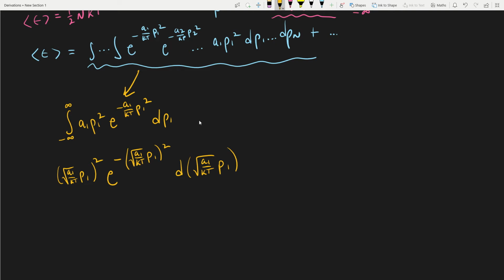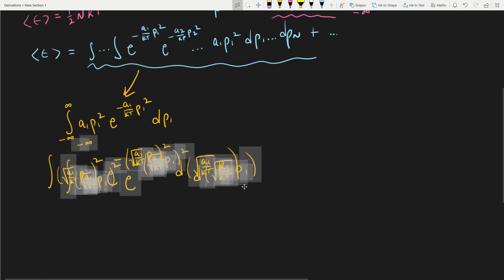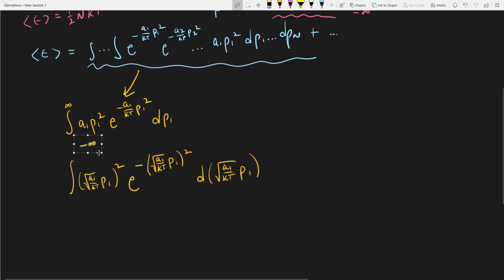So I'm going to shift this over a little bit just to give myself some room. We added some terms here, so we've got to be careful about what we take back. So let's deal with this guy first. Really simply, we just added square root a1 over kT, so we're going to do the flip on the outside to make sure that equals 1.